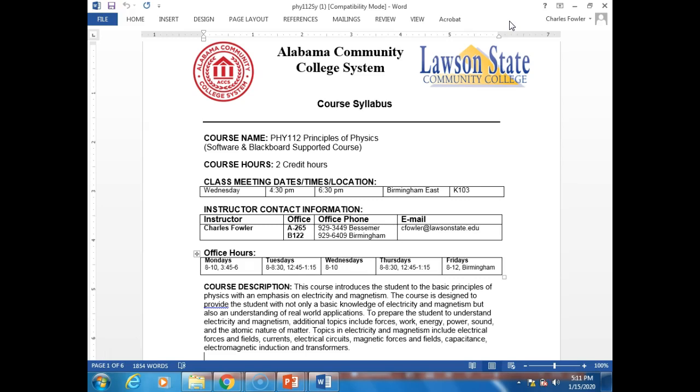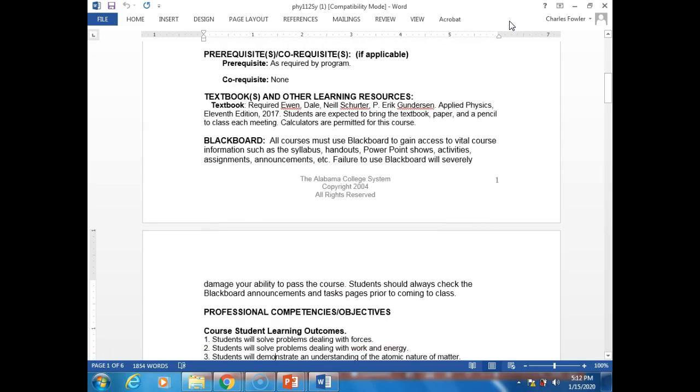Okay, now, there's a little bit of an issue here. On the syllabus, it says prerequisites as required by program. That's what they say.